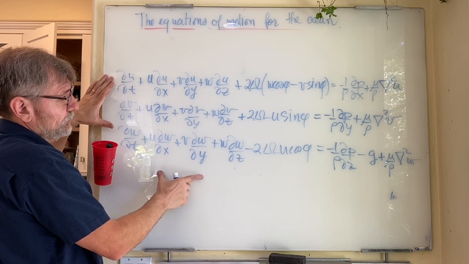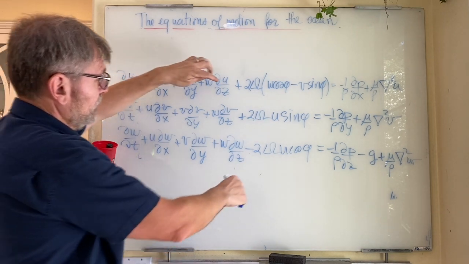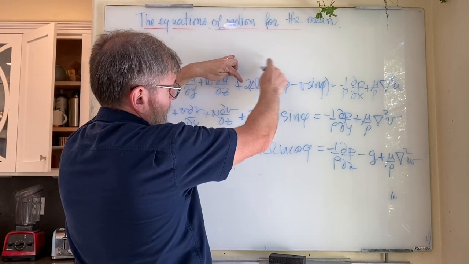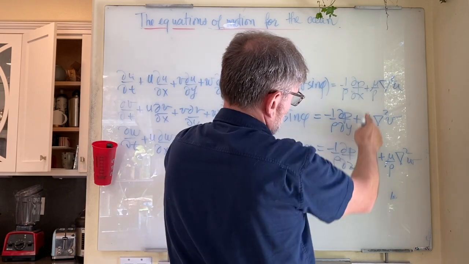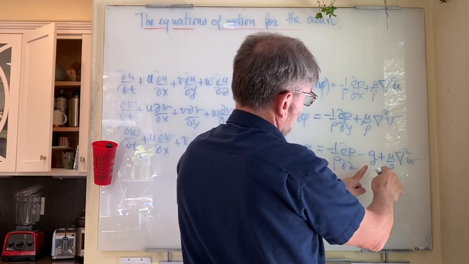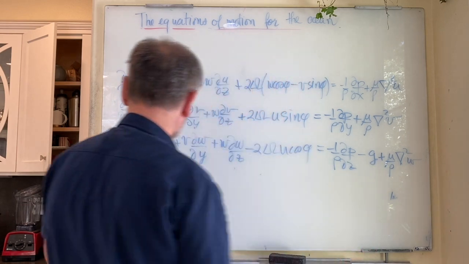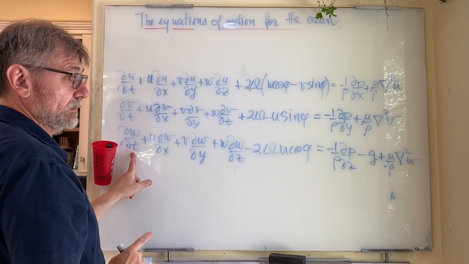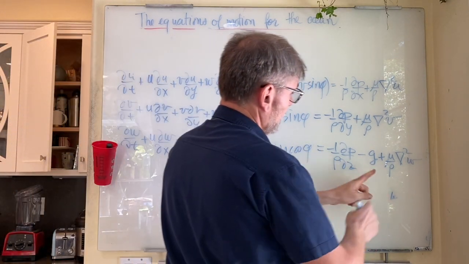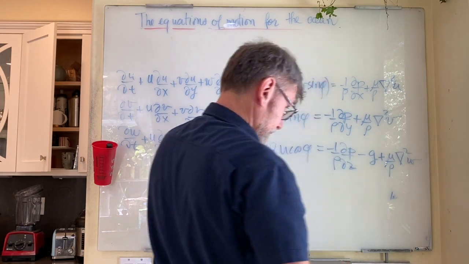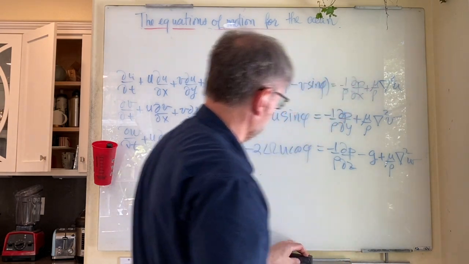Or the substantial derivative sometimes it's called. Then over here we have the Coriolis force. And the first part here, that's the pressure force. This is gravity, which appears only in the vertical, in the w component, right? And then we have the viscous stresses, the viscous forces.